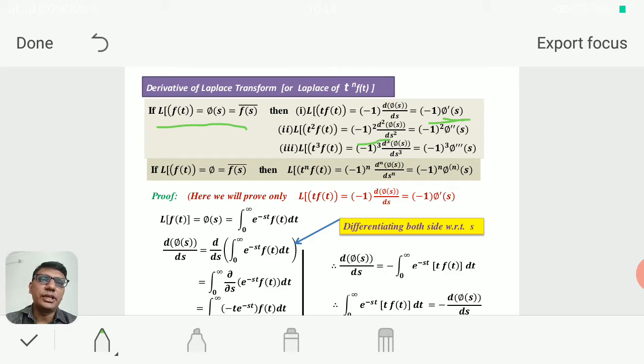Similarly, if we multiply f(t) by t cube, then we differentiate Laplace of f(t) 3 times, and we apply the power of minus 1 raised to n. Here we can easily prove it. So I am proving one part of the Laplace transform of t f(t).